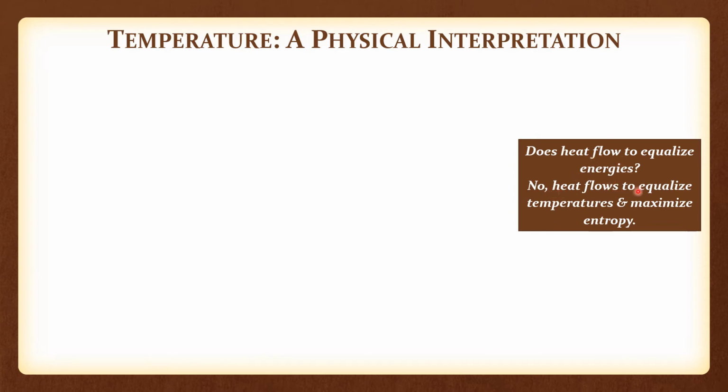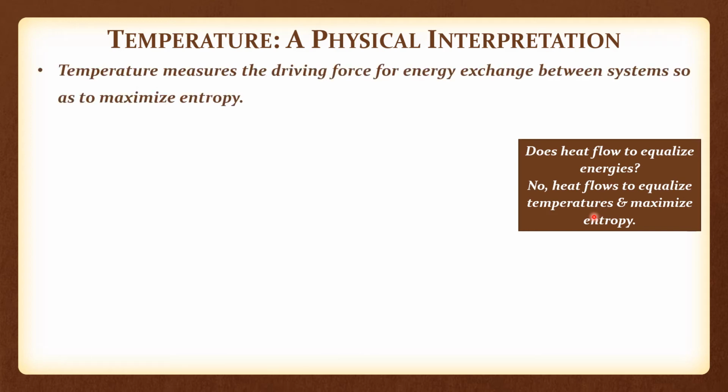Heat flows to equalize temperatures, and in doing so maximize entropy. This is the key idea in heat exchange, the mode of energy exchange as thermal energy. So temperature measures the driving force for energy exchange, and specifically it has to be connected to heat.